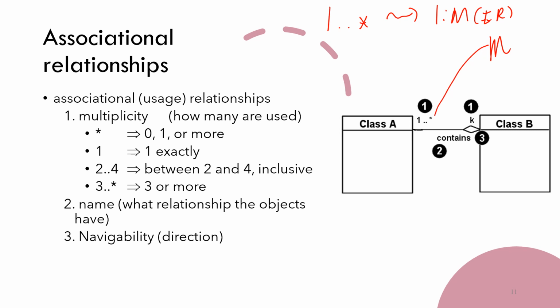You can also define any number starting from 2 and above, not only 1. But usually in ER they just mention 1 to many, many to 1, like that, because somehow it is difficult to obtain the precise value for the multiplicity.